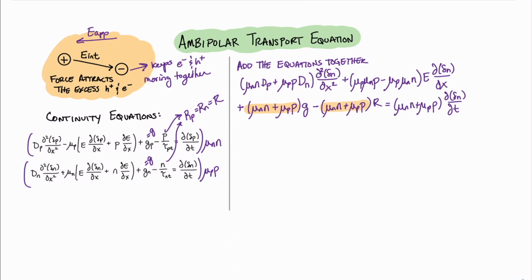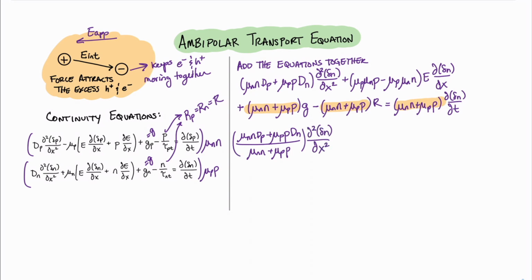Now, hopefully we can see that we have quite a few instances of mu N N plus mu P P, and therefore this is a good opportunity to go ahead and divide both sides of the equation by that quantity, and it will simplify this a little bit. So our first term, rather complicated, but it's going to be mu N N dP plus mu P P dN divided by mu N N plus mu P P times the second derivative of the excess carriers with respect to x.